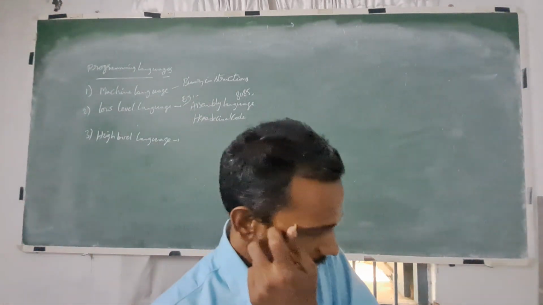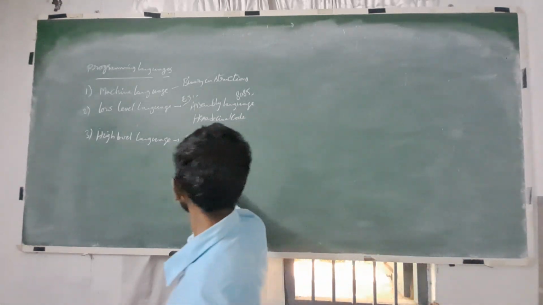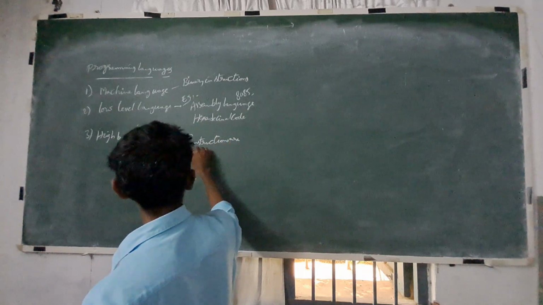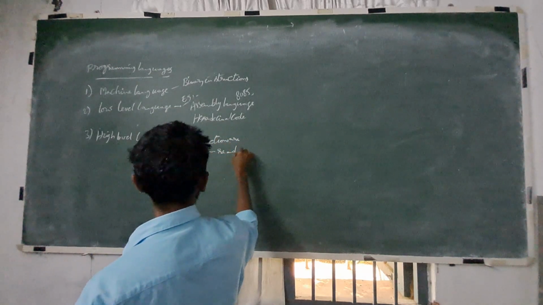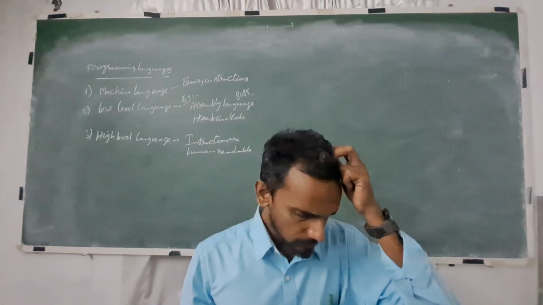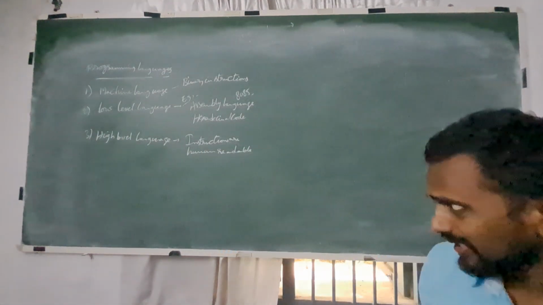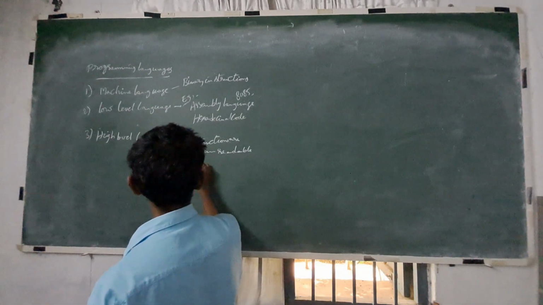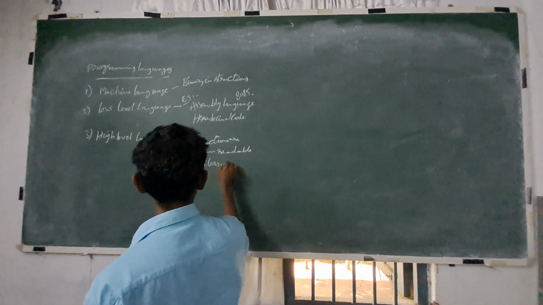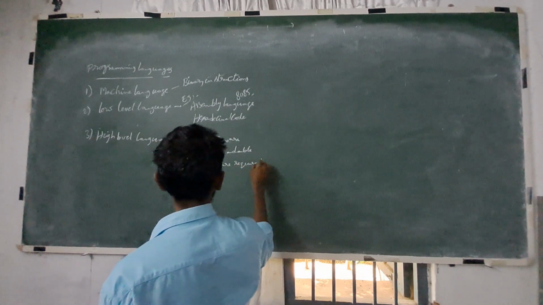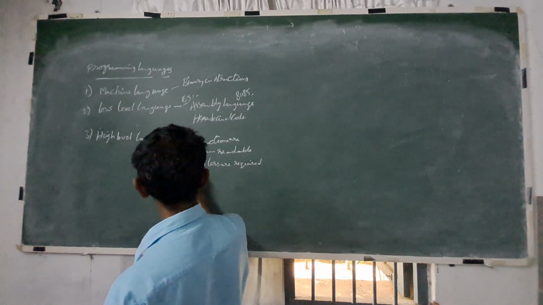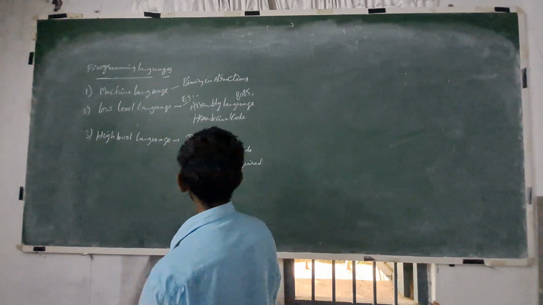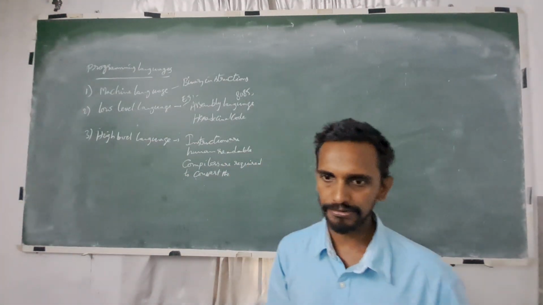So high level language, instructions are human readable. So we can understand them, and we require compilers to convert the instructions into executables.